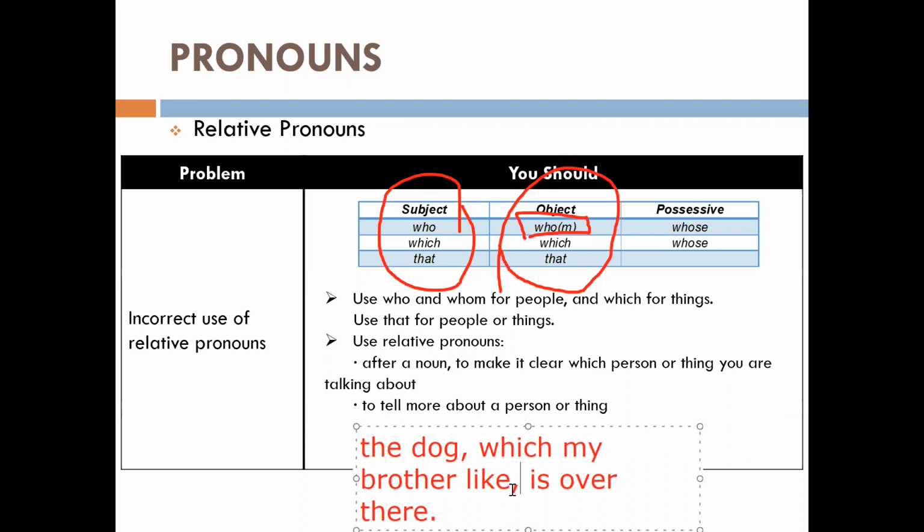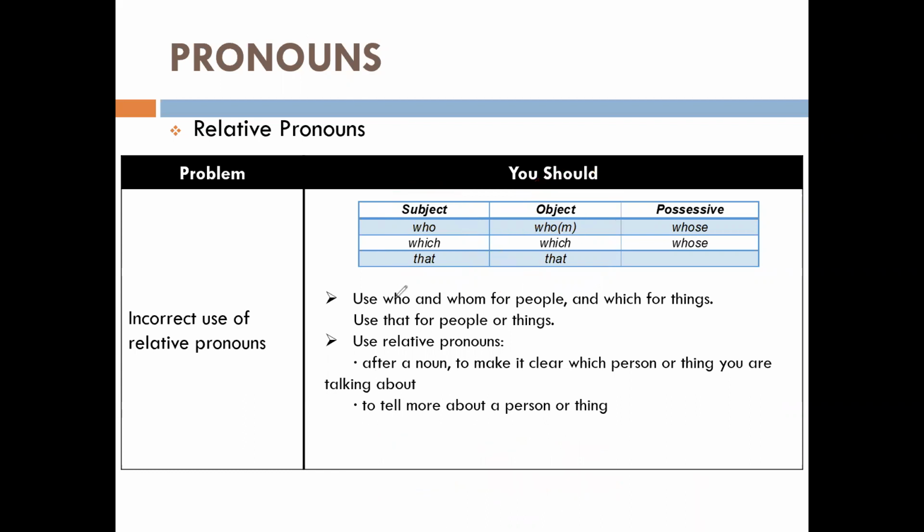All right. So when do we put your relative pronouns? Where specifically? Well, firstly, we put the relative pronoun after a noun to make it clear which person or thing you are talking about.